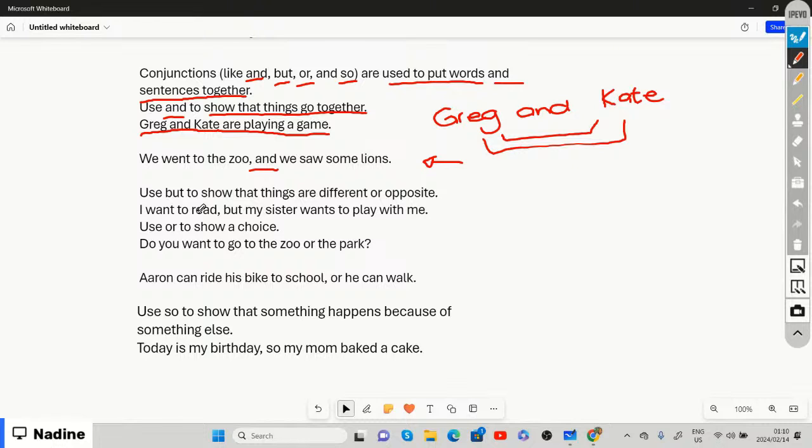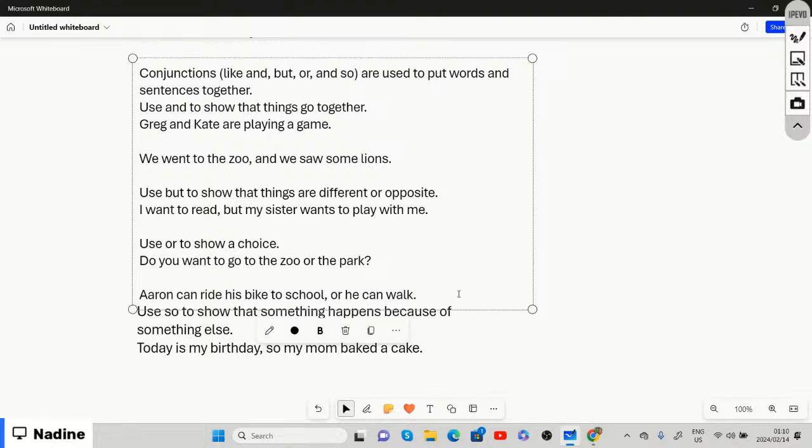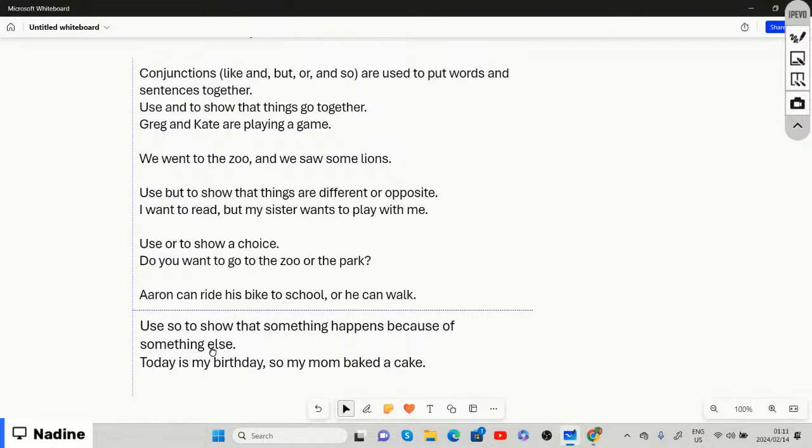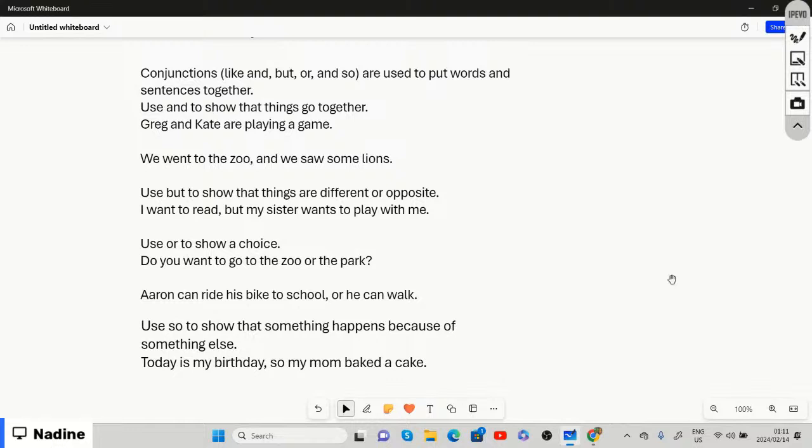Then we use but. We use the word but to show that things are different or that things are opposite, right?